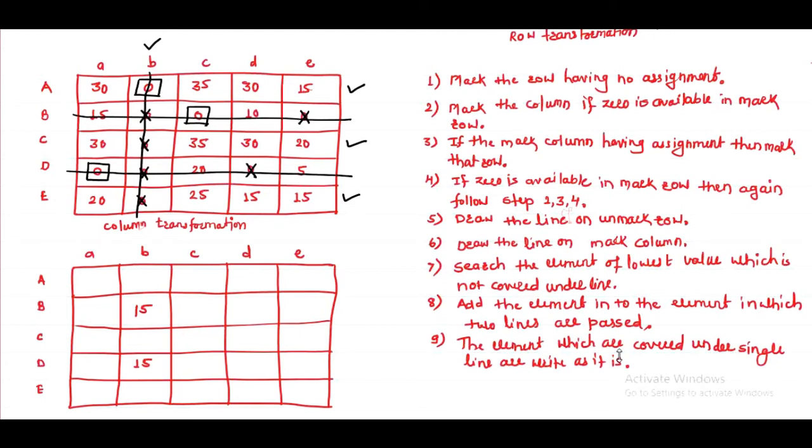So this 15, 0, this 0, 10, 0. We will write those elements: 15, 0, 10, 0, 0, 0, 0, here 0, 20, 0 and 5.